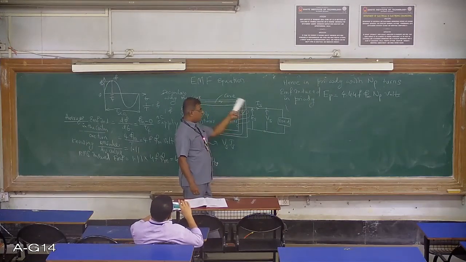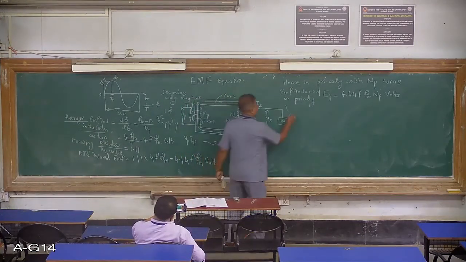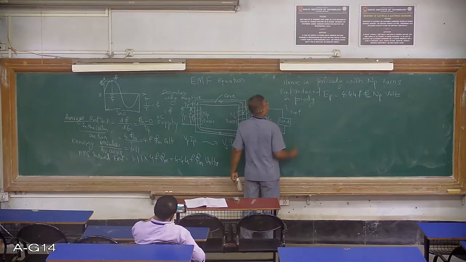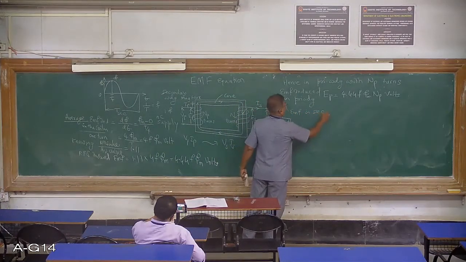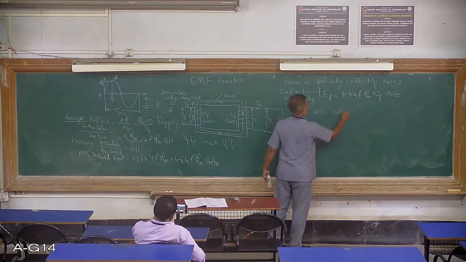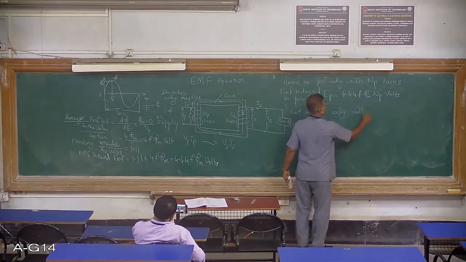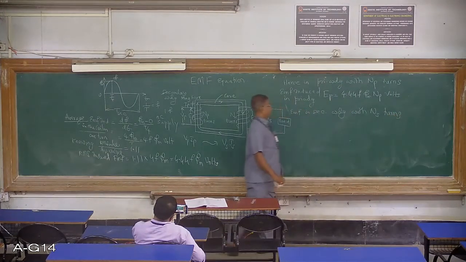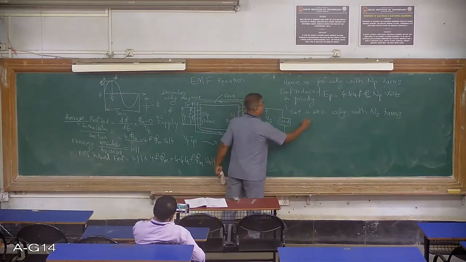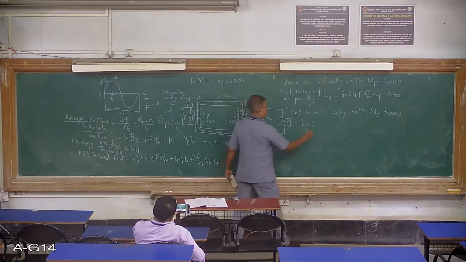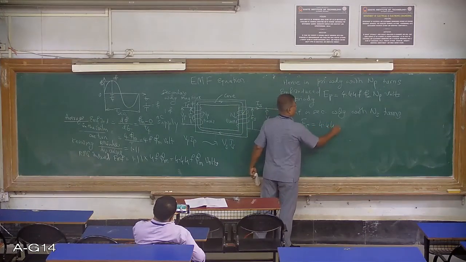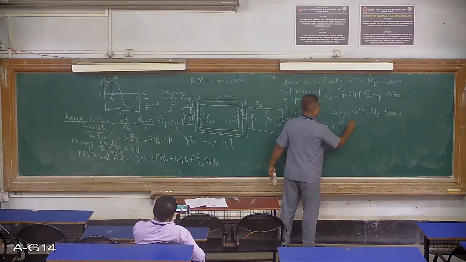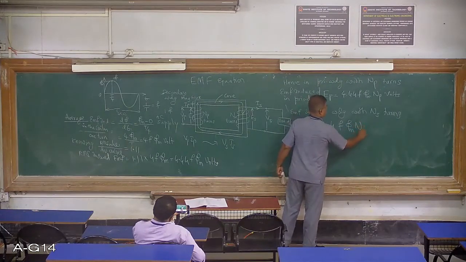With similar arguments, the EMF in the secondary winding with NS turns, ES, is equal to 4.44 F phi m NS volts.